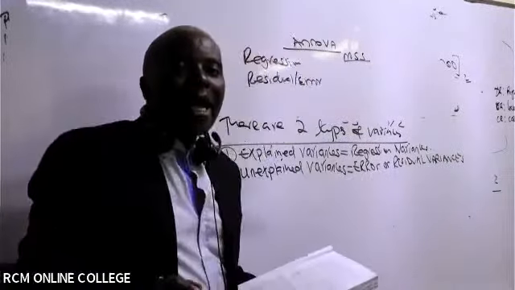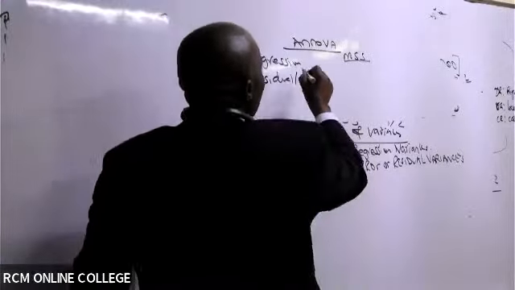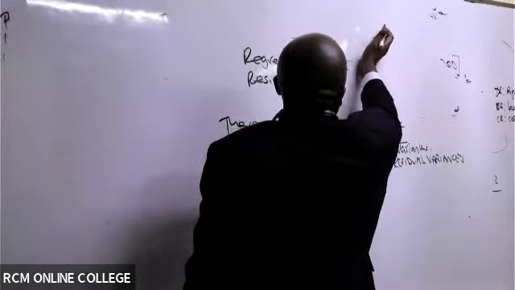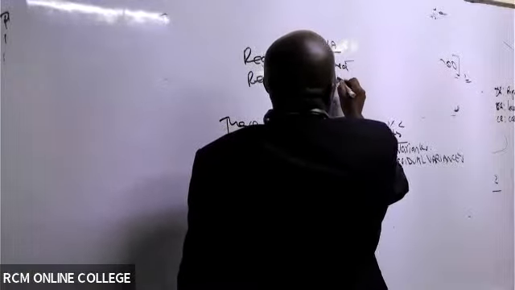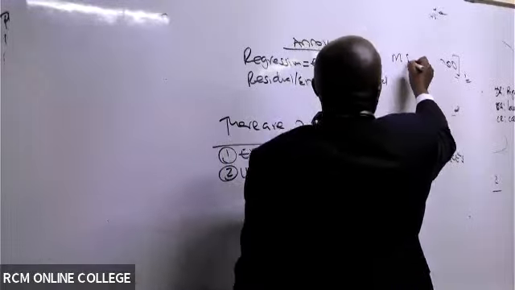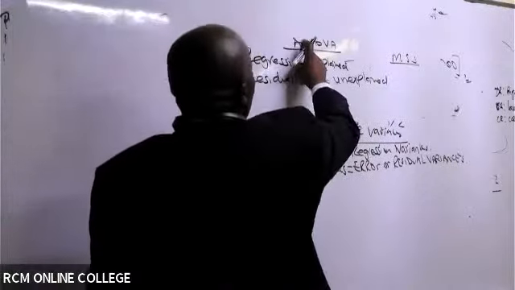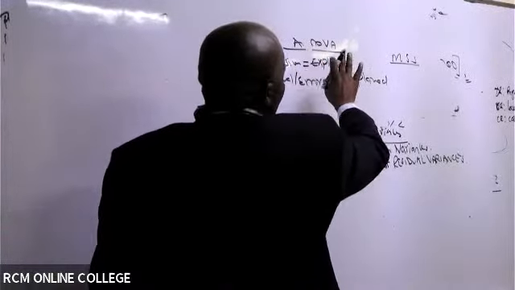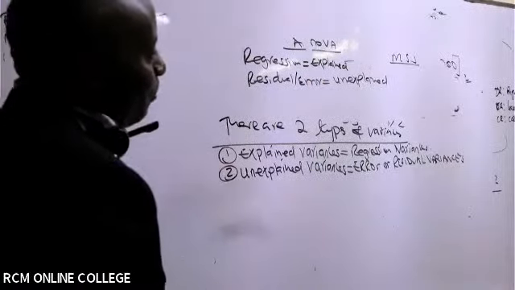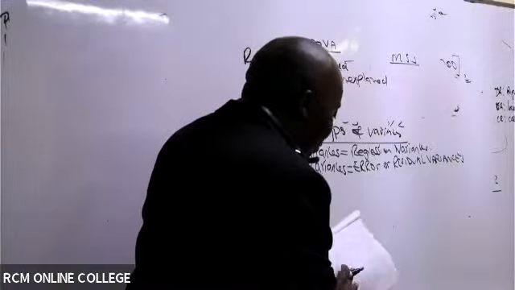Regression, remember, is what we call explained, and residual is what we call unexplained. ANOVA, meaning what here? Analysis of variance, of which there are two types of variances. So, the mean sum of squares from the table given.